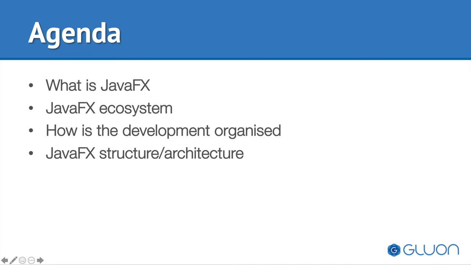We will also explain how the development of JavaFX is organized: how can one contribute, for example, and how do we guarantee that the quality is maintained, and so on. And finally, we will talk a bit about how the JavaFX APIs and implementations are structured and what architectural choices have been made.